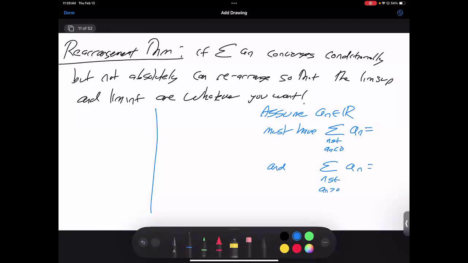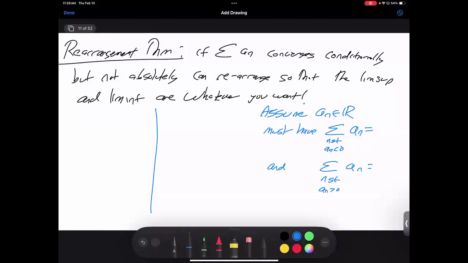So if I sum over just the indices where a_n is negative, what must be true about that sum? It's negative. How negative? Is it possible both of these numbers are finite? Okay, why can't they both be finite? So at least one of them is infinite.